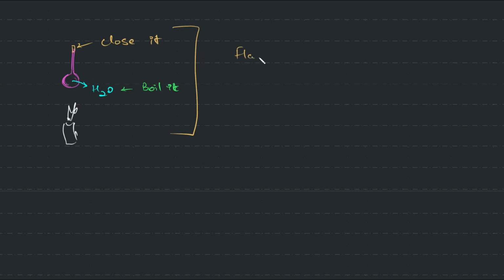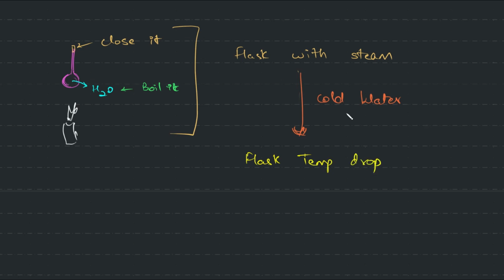Then you, of course, stop heating, and if you just take cold water, right, and put it on the flask, then what happens? The flask temperature drops, right? It's a simple thing. I took cold water and poured it on that, so obviously the temperature drops.